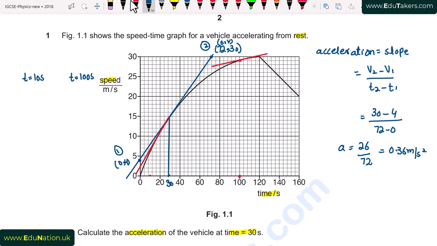Here it is very steep, and here it is less steep. You can see that it's almost constant and it's just a straight line. At t equal to 10 seconds, as it is steep, the acceleration value will be large. But at t equal to 100 seconds, acceleration will be small. So I write here acceleration is less at t equal to 100 seconds.